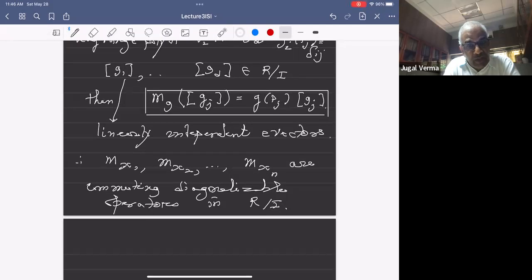Lagrange interpolation polynomials give linearly independent eigenvectors. So they're all diagonalizable. Fine. But because they commute, there is a common eigenvector. So because of this commuting property, there exists a common eigenvector.